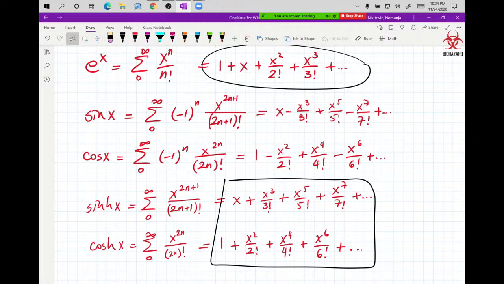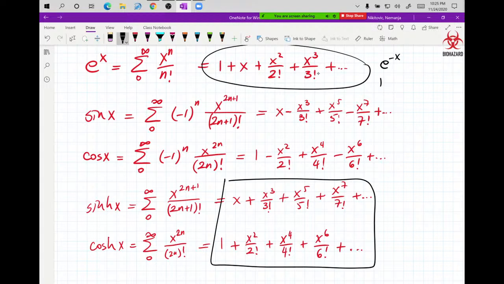So if I am to take this top one over here and make a negative e to the negative x, well, that's just going to give me minus signs on each one of these.